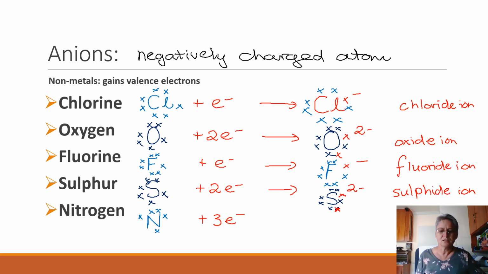So that gives us that nitrogen will form the nitride ion, and it will have 3 extra electrons, so that means that it's got a 3 negative charge, and it's called the nitride ion.